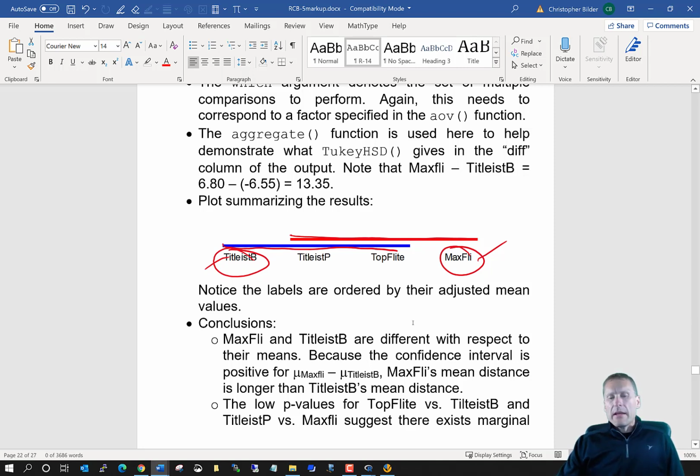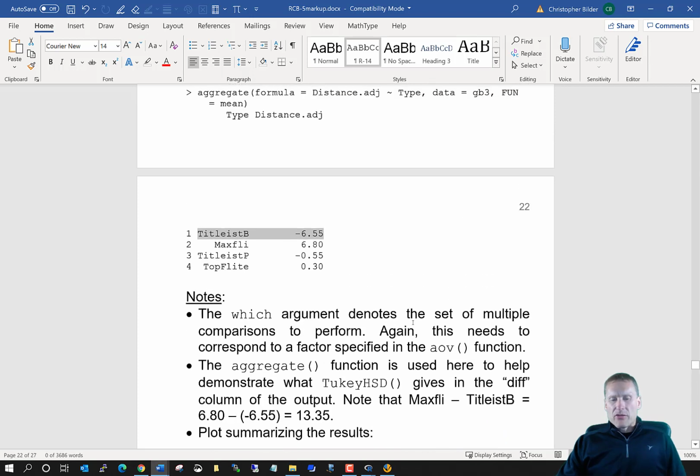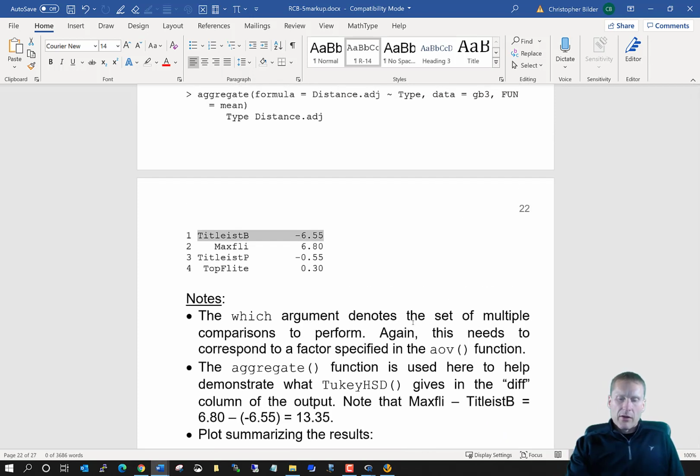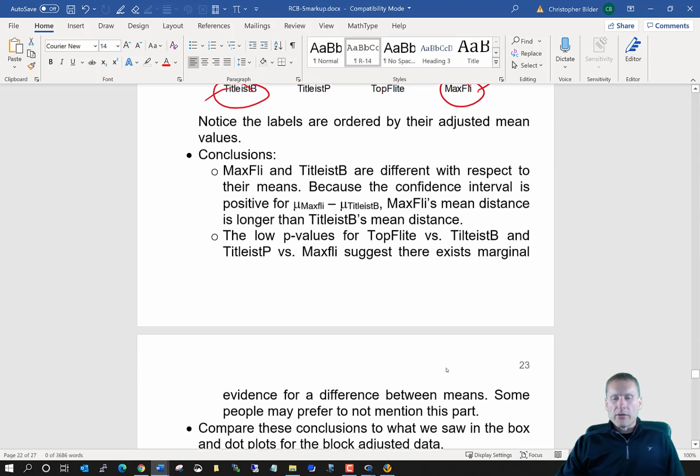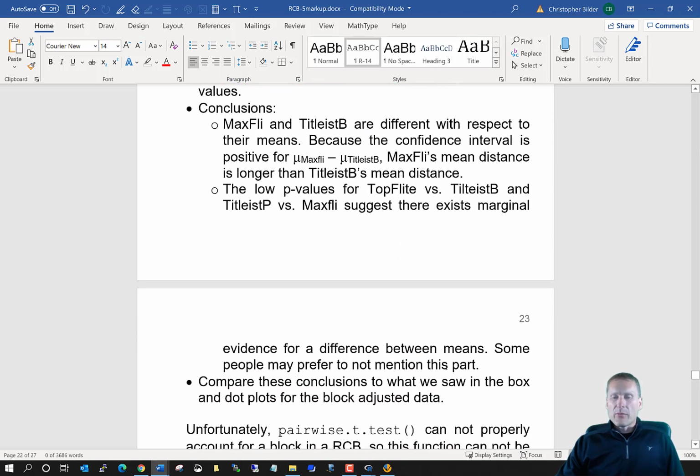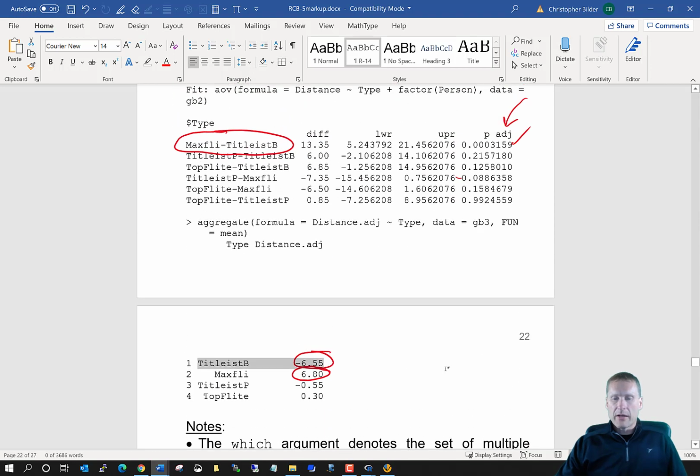Now, by looking at these adjusted means, we also know that max fly is greater than Titleist B. So what are our conclusions? Max fly and Titleist B are different with respect to their means because the confidence interval is positive for max fly versus Titleist B. Let's go back up here. There's that confidence interval.